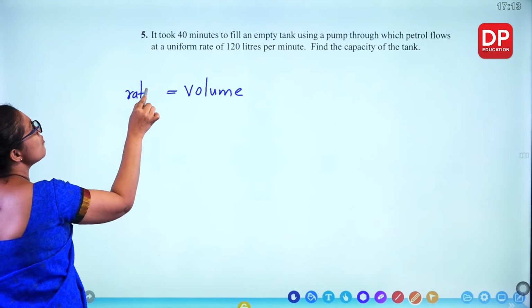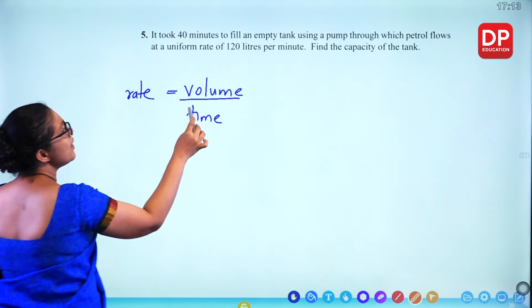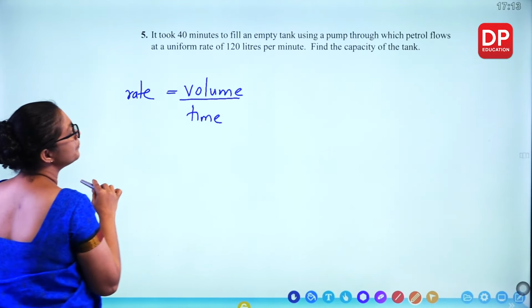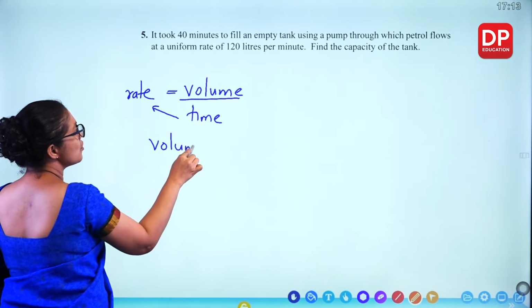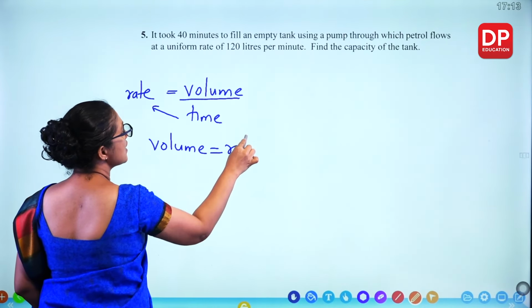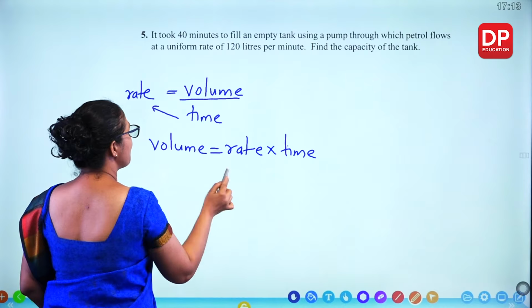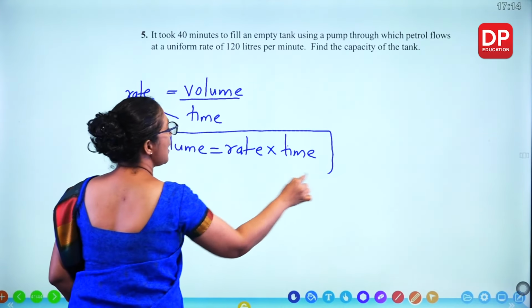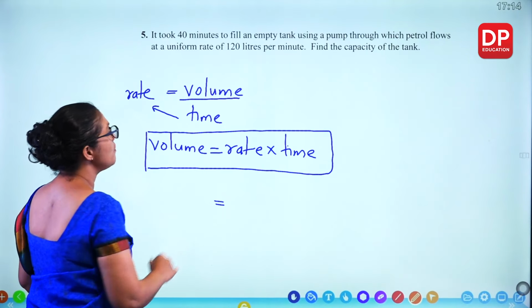Now we'll try to make volume as the subject. Rate is equal to volume over time. Now we need to find out volume. So what is volume? Volume is equal to rate into time. So we can make volume as the subject of the formula. So what's the volume here?